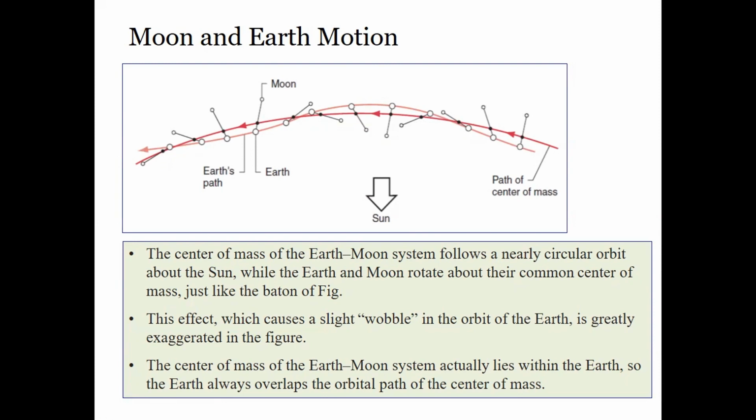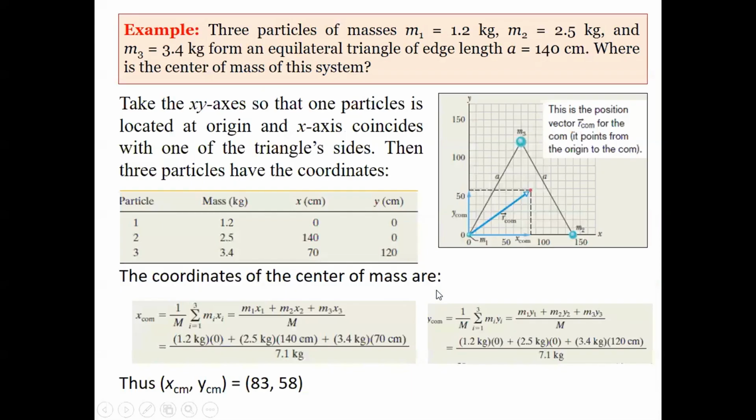So the Earth is always overlapping the orbital path, and we can assume that the center of mass of this type of system is enough to describe the complete system. So this example is to tell you that the Moon and Earth's motion is really the center of mass of the Moon-Earth system, and it follows a circular path.